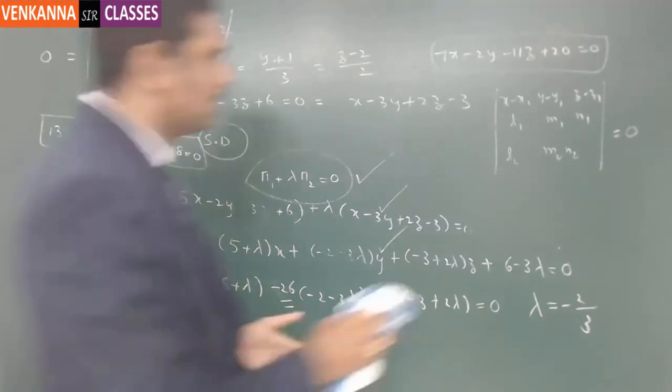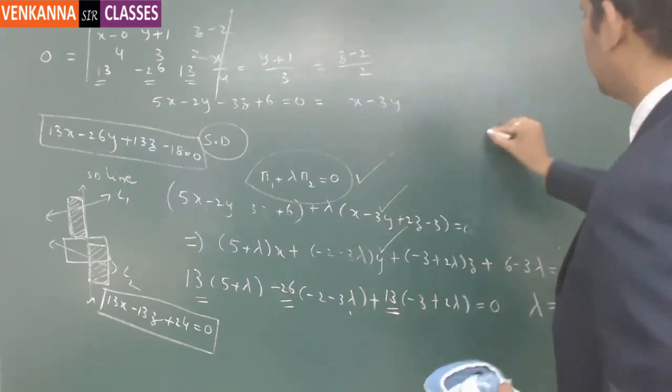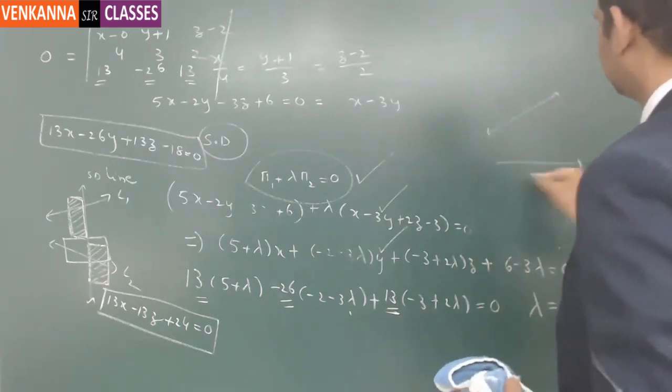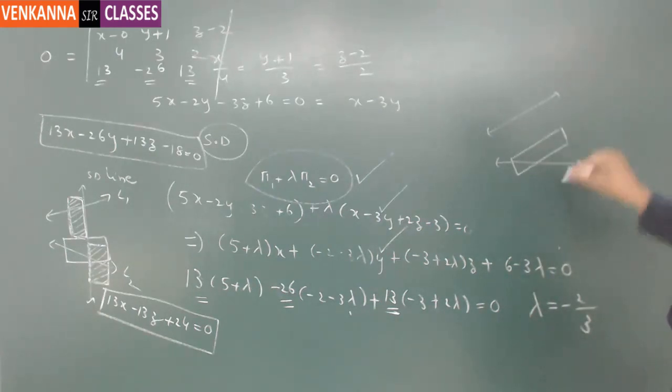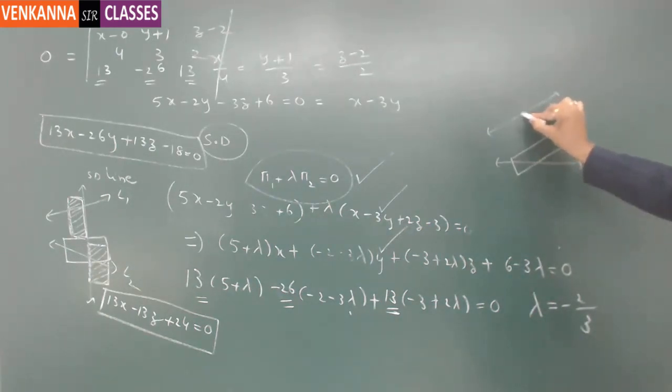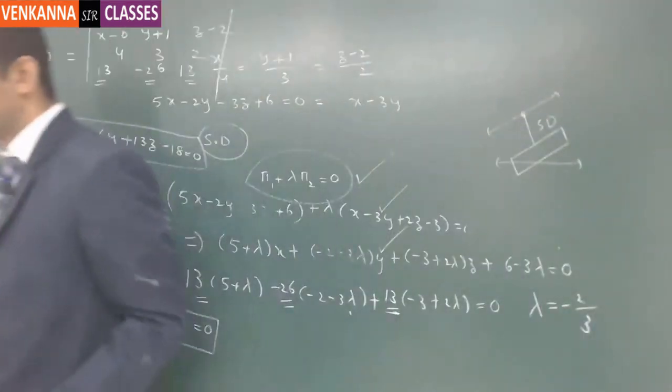If you remember the previous step, what I mentioned, we got a parallel plane here. If you take any point on the first line, the distance from the point to the plane is nothing but SD. That is my view earlier.